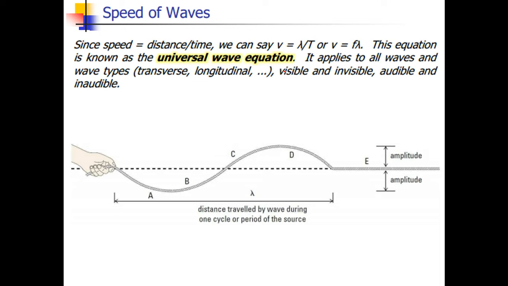As well, the speed is also equal to the frequency multiplied by the wavelength. This applies to any type of wave, whether it be sound or not: transverse, longitudinal, visible, invisible, audible, inaudible, doesn't matter. It applies to all waves.